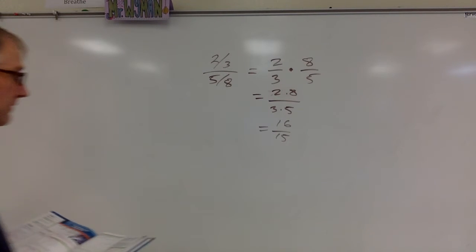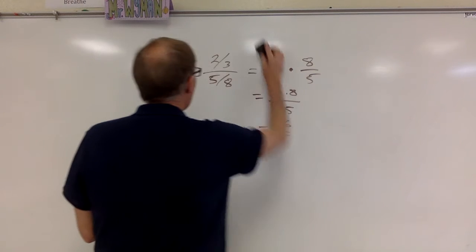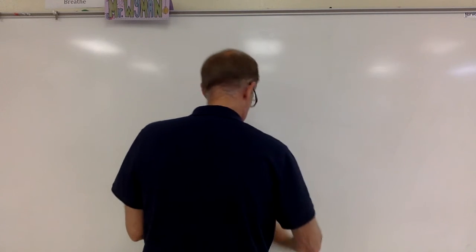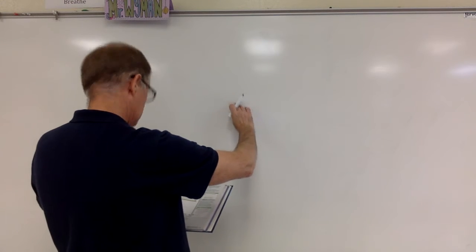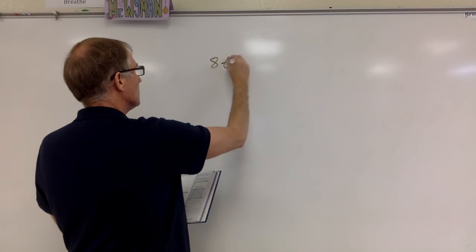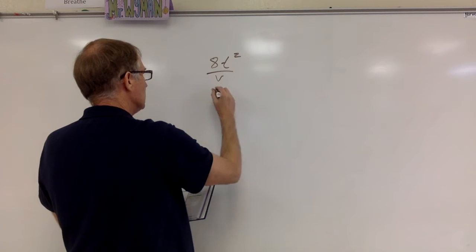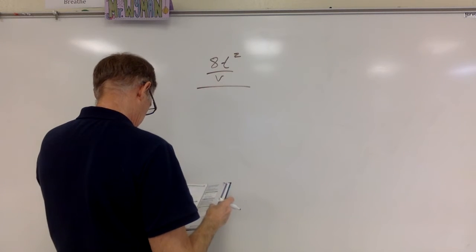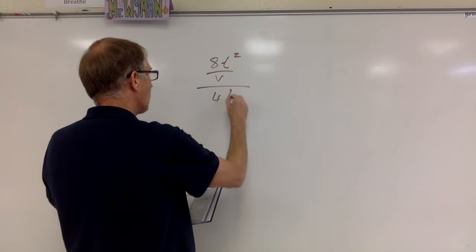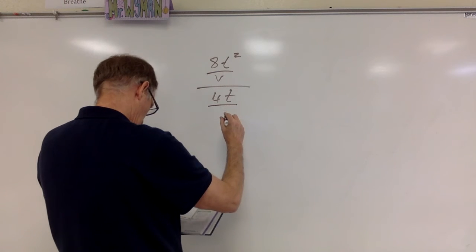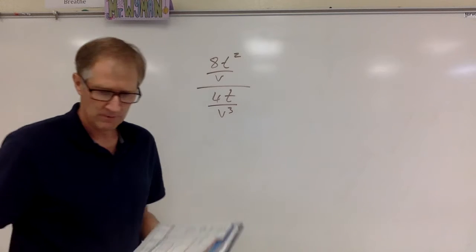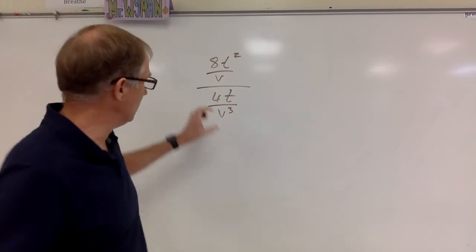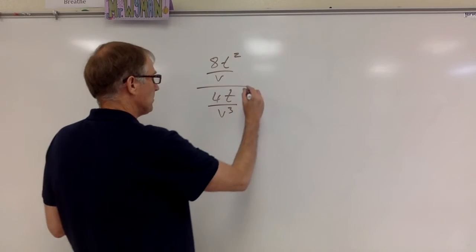If you have 8t squared all over v divided by 4t all over v cubed, we'll flip over the fraction in the denominator and multiply.